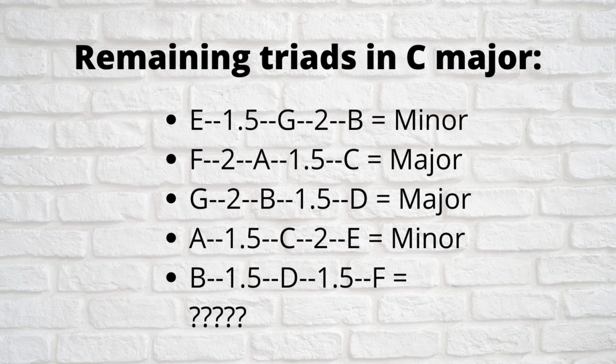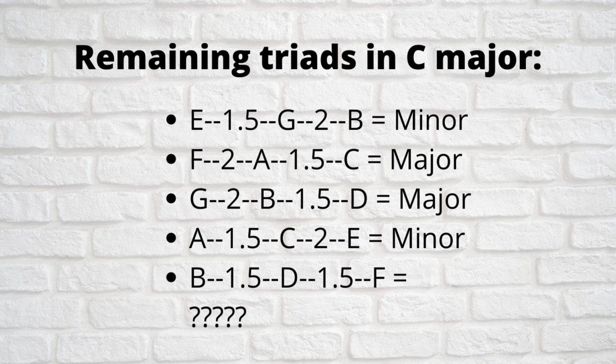Next we come to the F triad, which if we look at the intervals again, we see that from F to A is 2 whole steps, and from A to C is 1.5 steps. So that's a major triad.